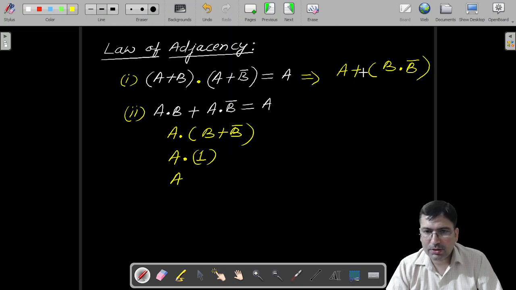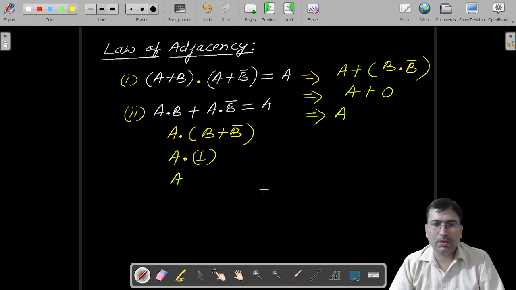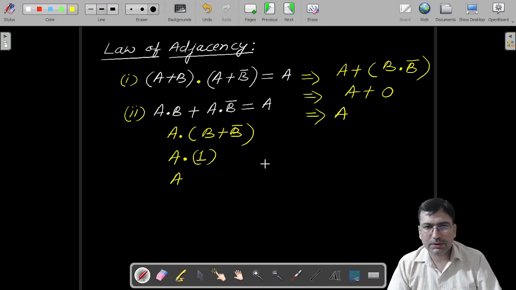If you distribute this OR operator over this AND operator, you will get (A plus B) dot (A plus B bar), the same thing, right? So if you get it like this, you can write A plus, and this will give you 0. So here it is A only, right? So this is the adjacency law.